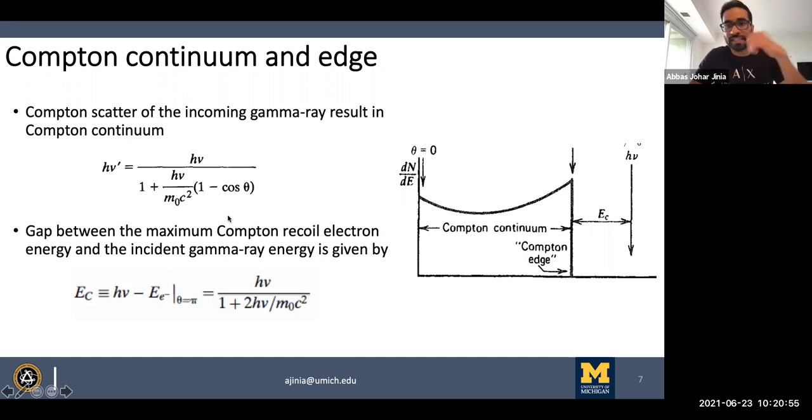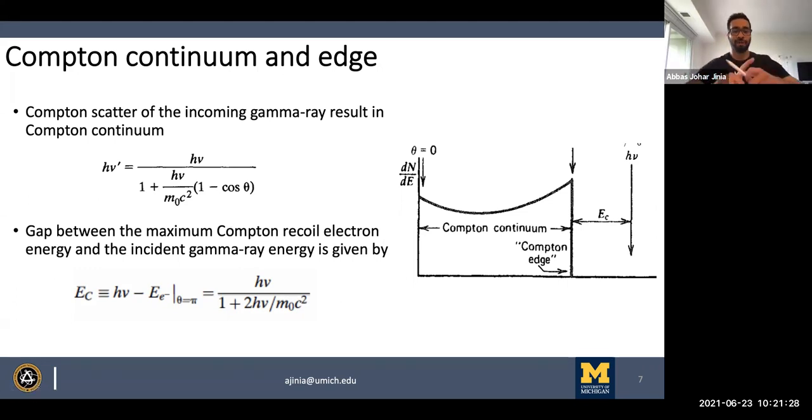So the photon can scatter in any direction, and therefore it can have a range of energy. So the recoil electron can have a range of energies, and that range of energy can lie anywhere in our spectrum from 0 to this Compton edge. And that's why we see a continuum. There is no distinct peak here, but it's a continuum. And this continuum is because of any scattering direction.